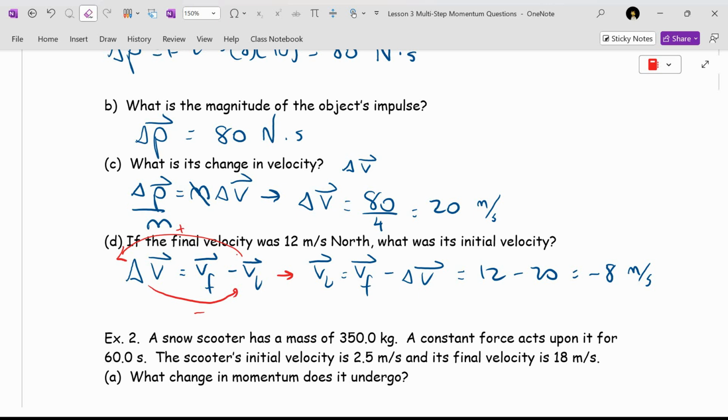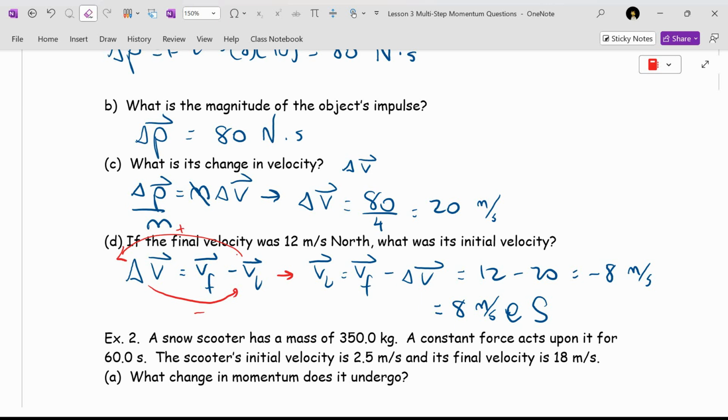So if they'd asked for a direction, this is 8 meters per second south. In this situation, you were going backwards, south at 8 meters per second. The change in velocity of 20 meters per second north made you end up at 12 meters per second north with your final velocity. Is that okay, Banner?